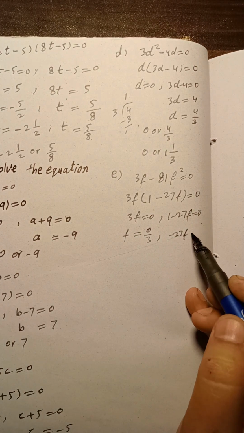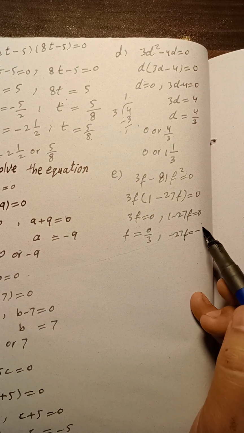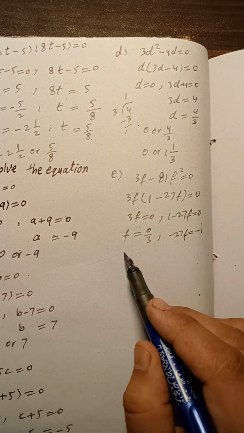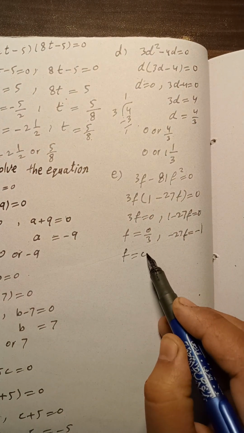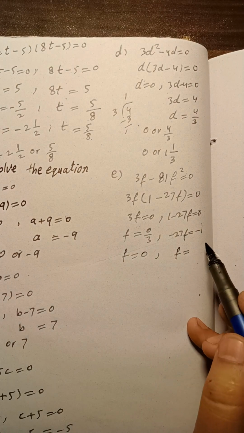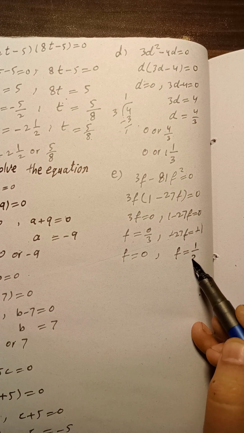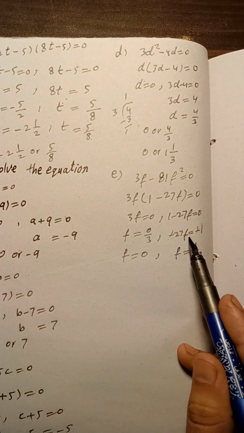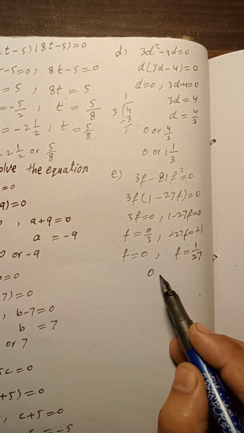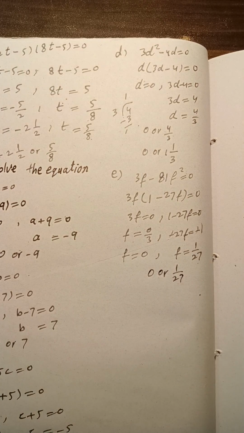Minus 27f is equal to 1 on the other side, it will become minus 1, because here it is a plus 1, and f is equal to 0 here, and here you can cancel this minus and this minus, 1 over 27 on the other side, 27 is multiplied by f, it will be divided on the other side, so 0 or 1 over 27 are our answers.